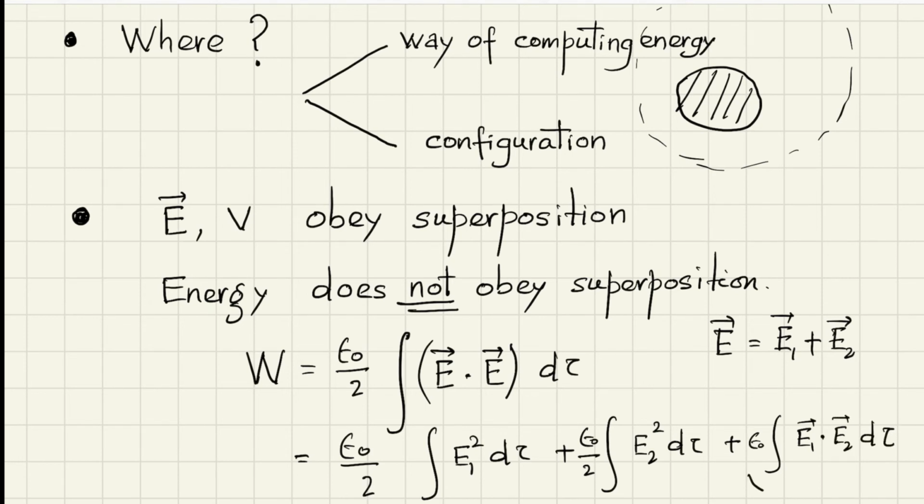So there is an interaction term; these are the self terms, but this is the interaction term. So superposition is not obeyed by energy because it is non-linear, it is E square.